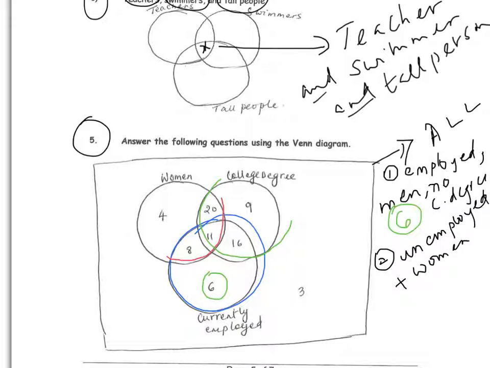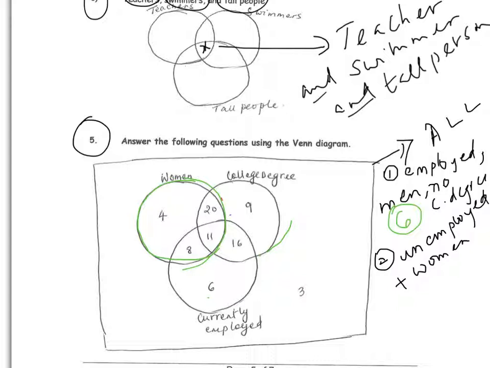So how many unemployed women do we have at this conference? So first of all, let's think about this. This person has to be a woman for sure, right? So they have to be sitting inside the woman's circle.